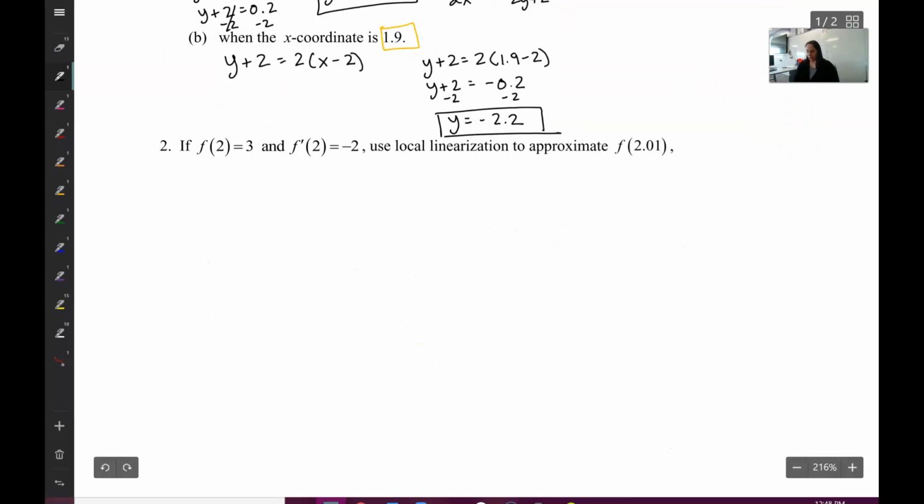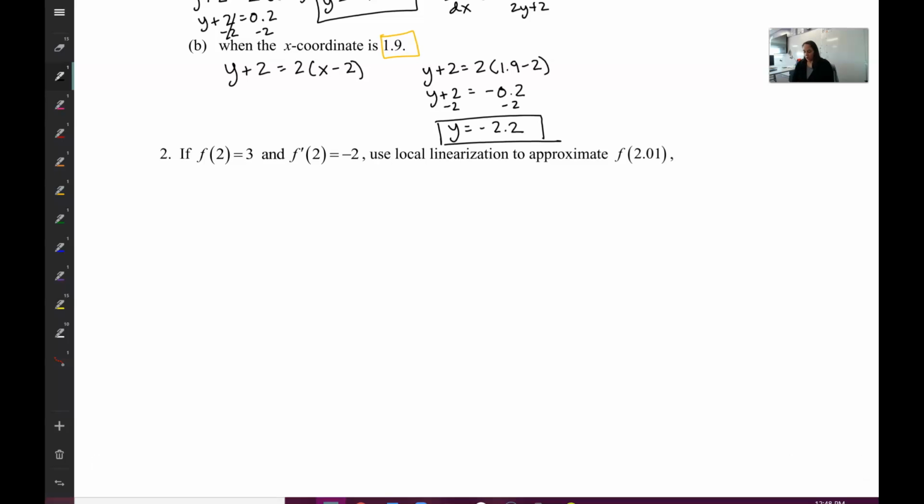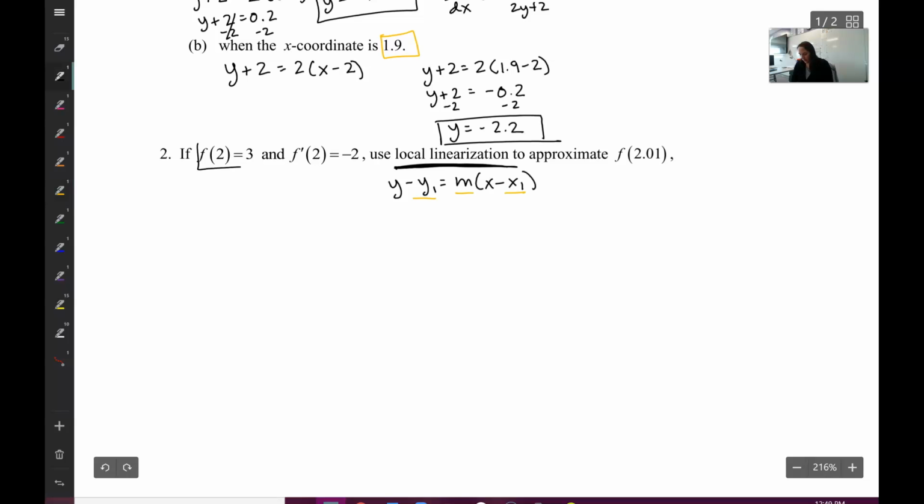Now let's try number 2. We're using local linearization. So anytime you see those keywords, you should think equation of a tangent line. So I need my point and I need a slope. So if I look, there's my point. So there's x1, y1. So I've got y minus 3 equals m times x minus 2.